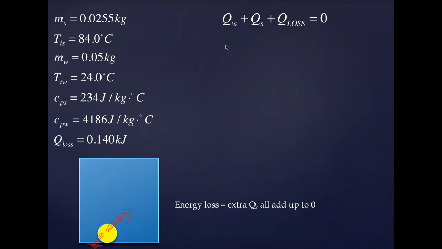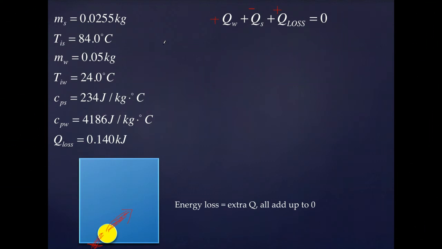So I can say that Q of water, which is going to be positive, so I can mark this as positive. Q of silver, which is negative, and Q of loss. And here's the thing, Q of loss is lost to the silver, but it's a gain to everything else.